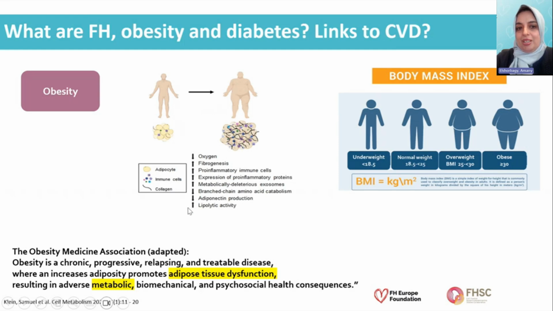There's also, in association with obesity, an increase in lipolytic activity and a release of fatty acids into the bloodstream. All of this makes the peripheral tissues resistant to the action of insulin. This is how obesity leads to insulin resistance.